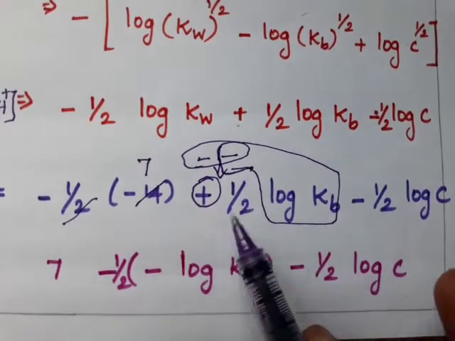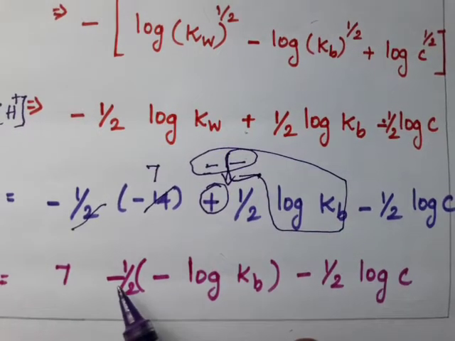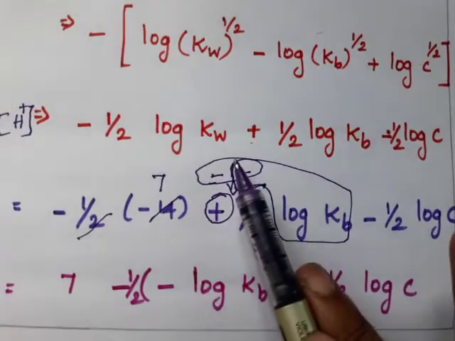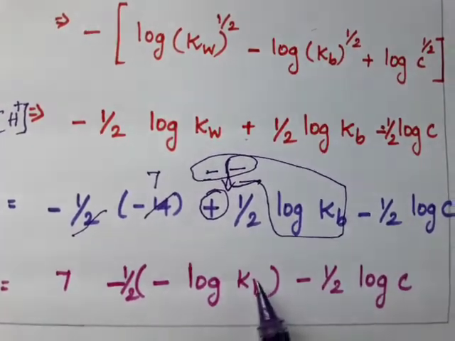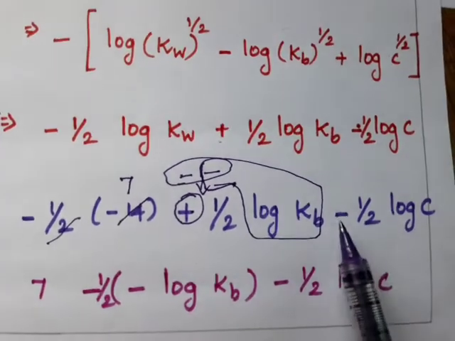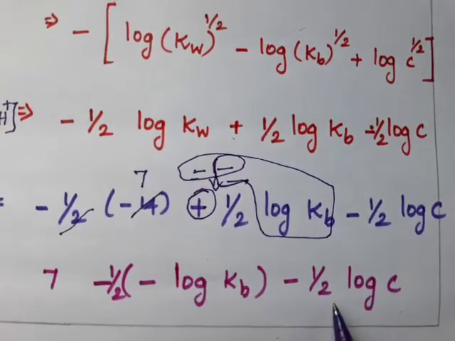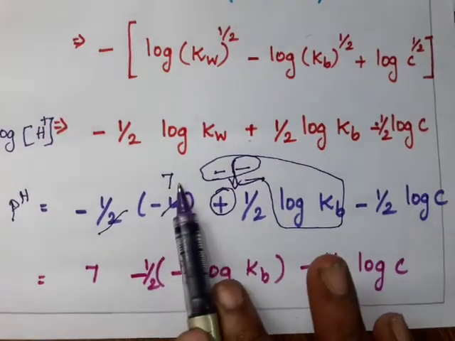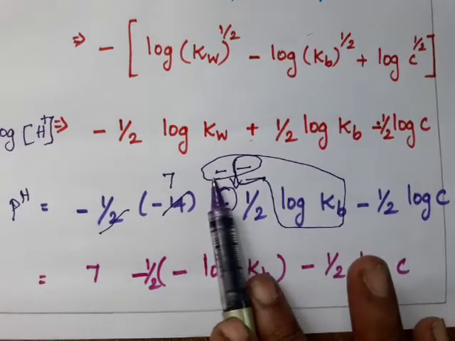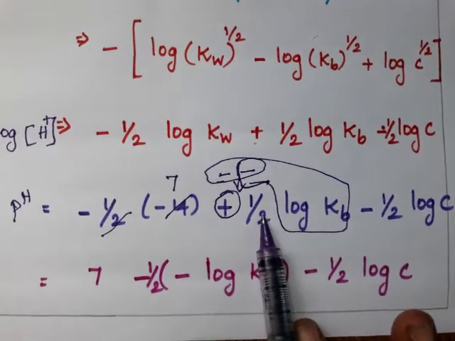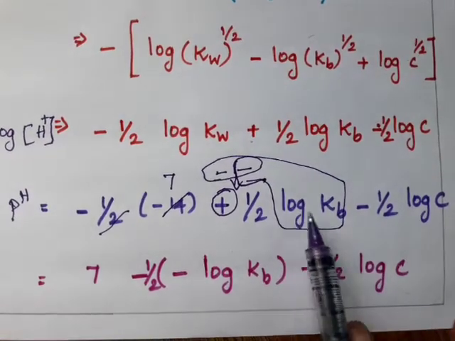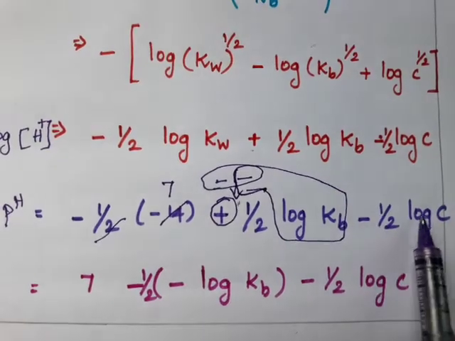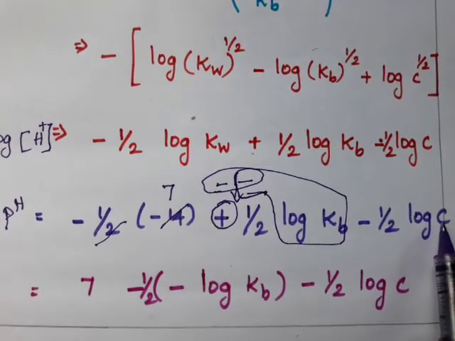Minus half, right? So I have written minus half. I have taken inside the bracket minus log Kb. Already it is there, minus half into log C. Have you understood this? So pH is equal to 7 minus half into minus log Kb minus half into log C. Have you understood?